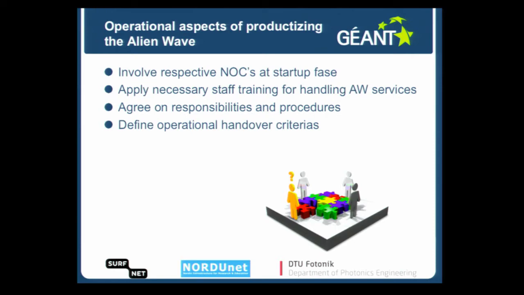But trying to go from the stage of having these experimental results, all these verification results from simulation tools, and going further into the operational part, we of course immediately started to have meetings with the respective NOCs, SurfNet NOC, NordioNet NOC, to let them know, guys, now that we will be injecting some extraterrestrial photons into your system, you'd better be careful.